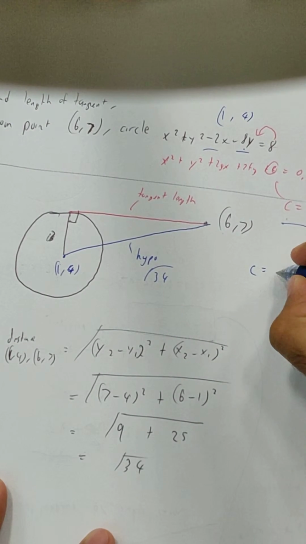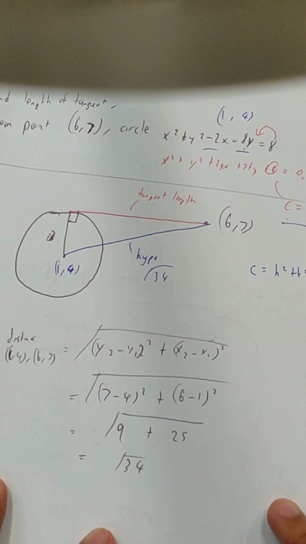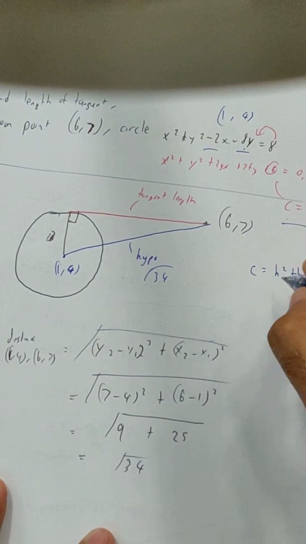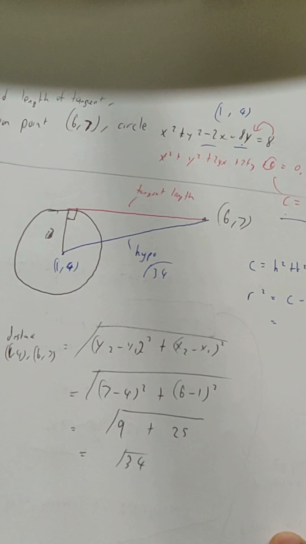C is equals to h squared plus k squared minus r squared. There's also multiple ways you can rearrange them into r squared equals to c minus h squared plus k minus k squared. Or do I get the formula mixed up?